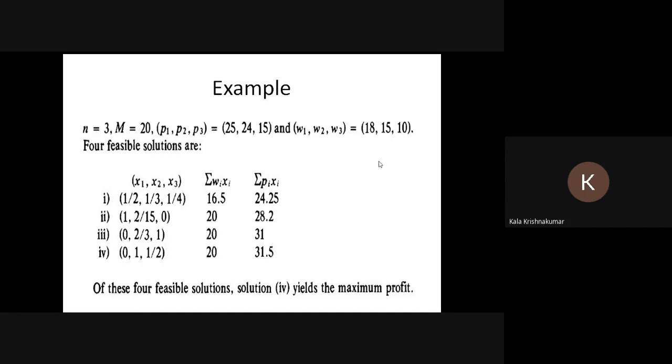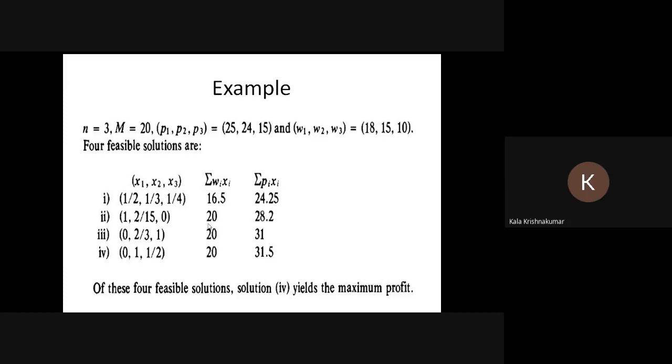Then you will pick the first one, that is 10. So the third object will be taken fully, and 2 by 3 of the second object will be taken, and the first object will be discarded.